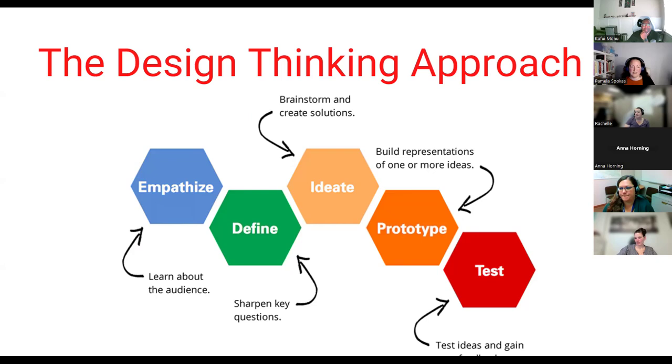They don't have backends to them, but you can test the flow of the screens and the language that you have in them. You can build cardboard representations of waiting rooms, of offices, of anything that you need to prototype that's a physical space. You can do that in cardboard. You can do it in Lego. All of these are the very first way to prototype your ideas, so that it's quick, inexpensive, and you get answers pretty easily.